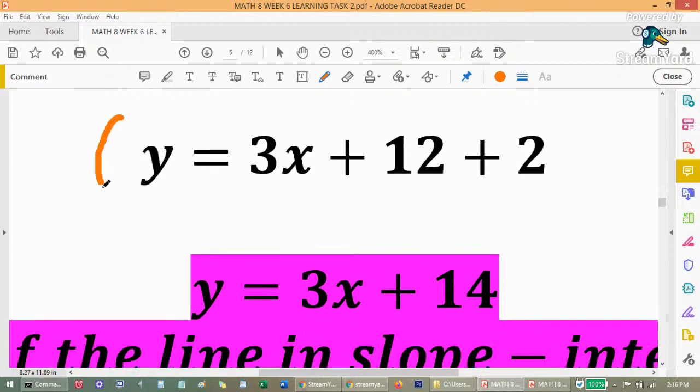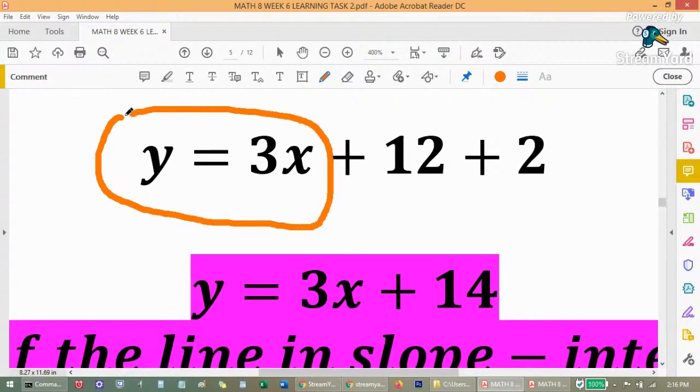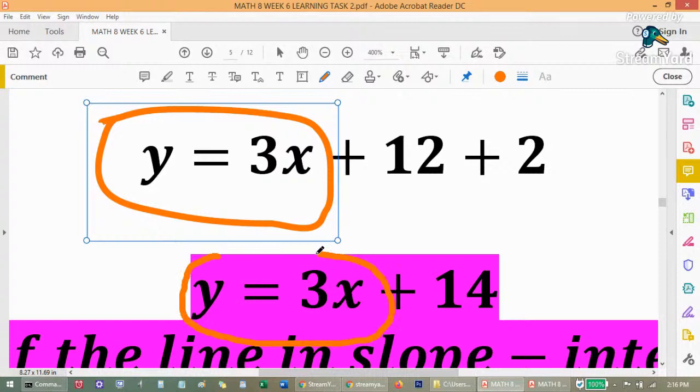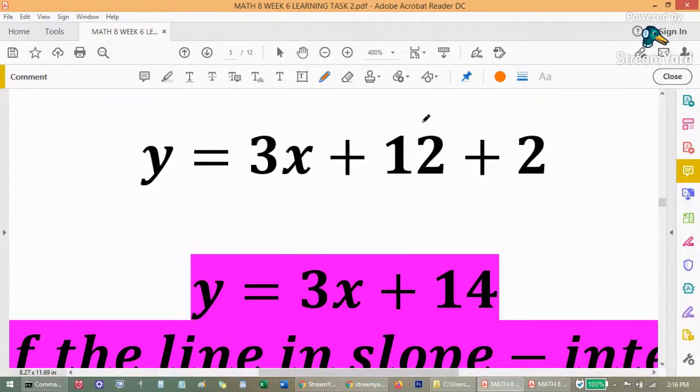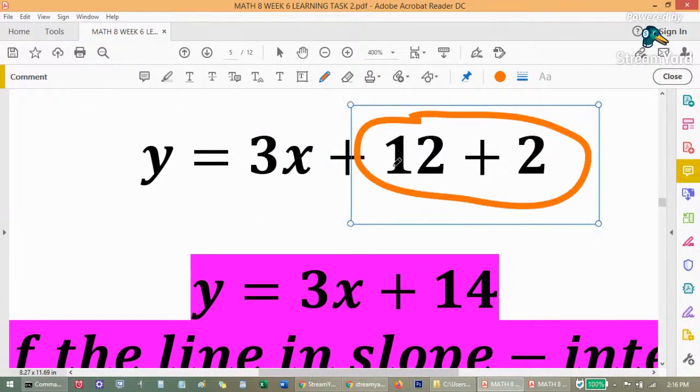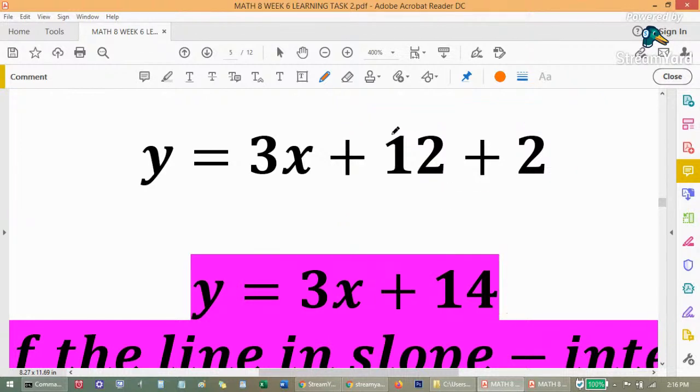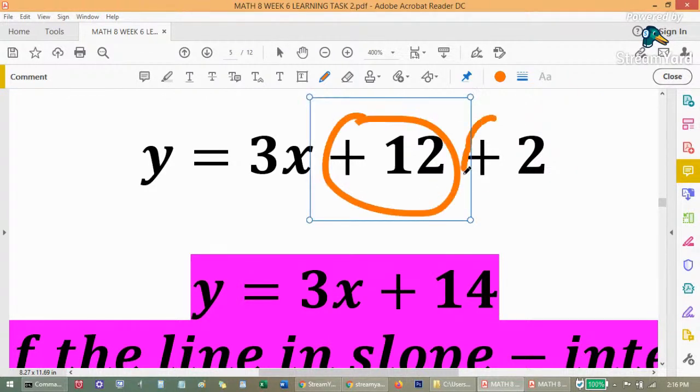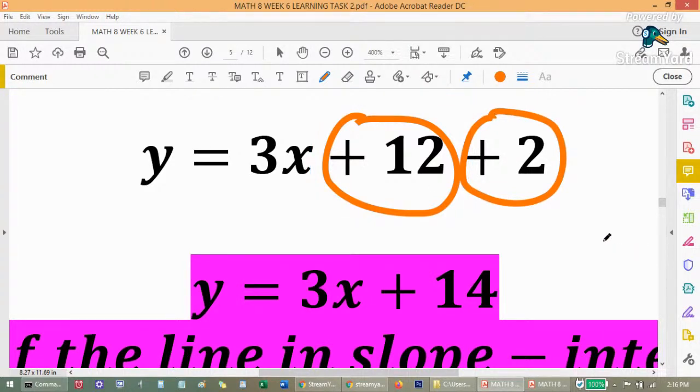So this is now y is equals to 3x, and then 12 plus 2 is 14. Positive 12 and positive 2, pag parehong positive, pinagsasama natin sila. Okay, so yung 12 na positive ay nadagdagan ng dalawang positive.